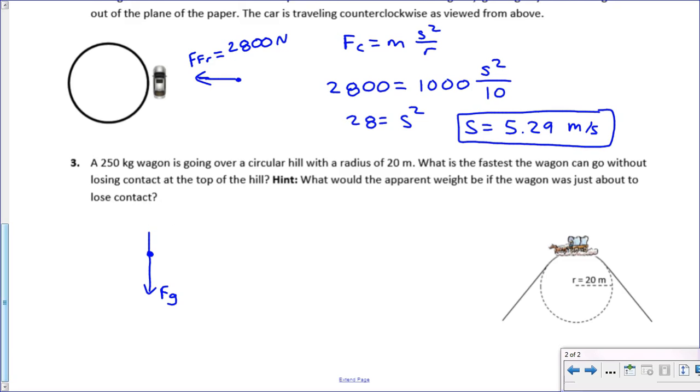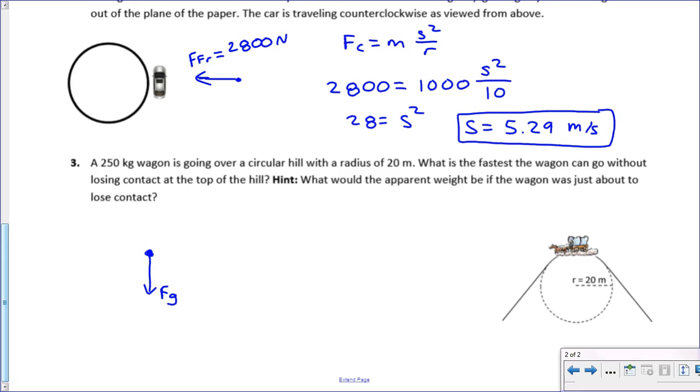And so, generally speaking, we have less and less normal force as you're going faster because there needs to be a larger downward unbalanced force to keep you going in the circle as you get faster and faster. And so when you get really, really fast, this is shrinking down and down and down. We end up right before you lose contact with the hill having no normal force on there at all.